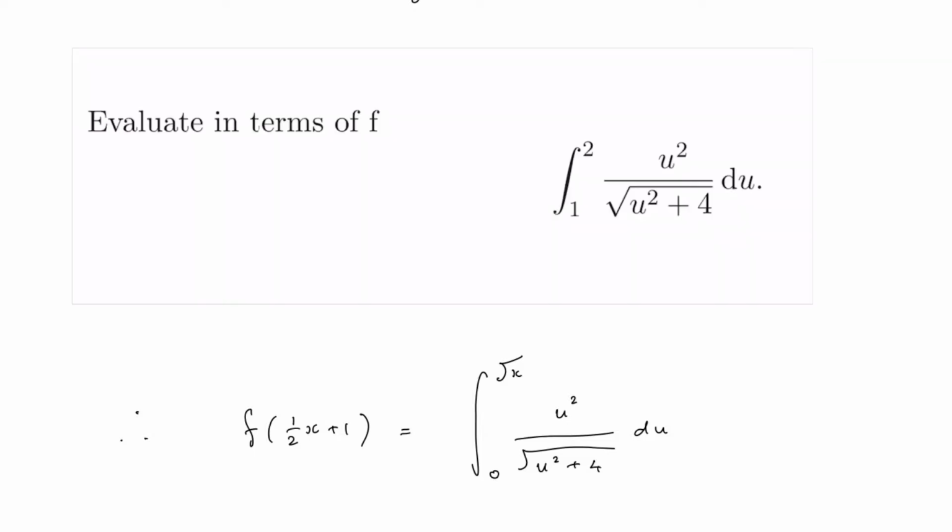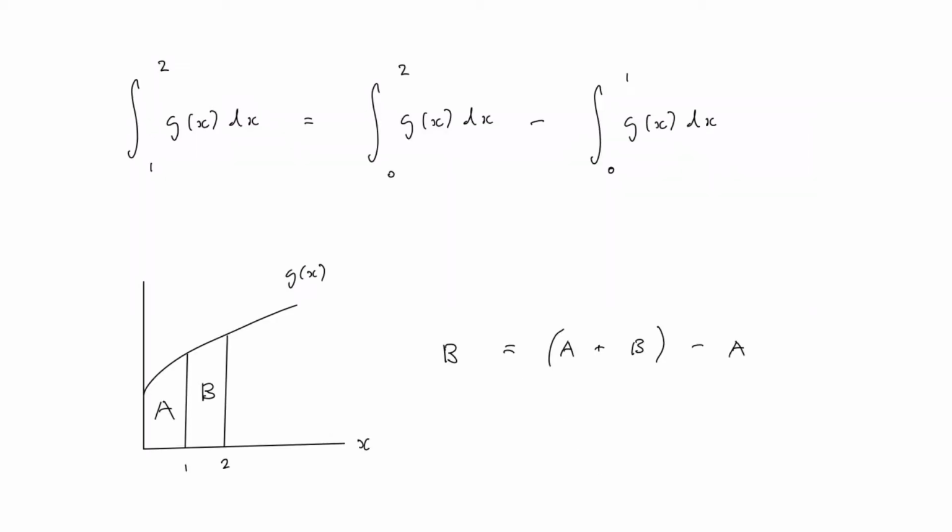Looking again at what we're trying to do, it's come down to just a matter of the limits of integration. And although that lower limit of 0 seems to be a problem, this is where we can use the result that we looked at earlier. We can get the lower limit we need by taking the difference of two integrals. So first we set the upper limit to 2 and then to 1.